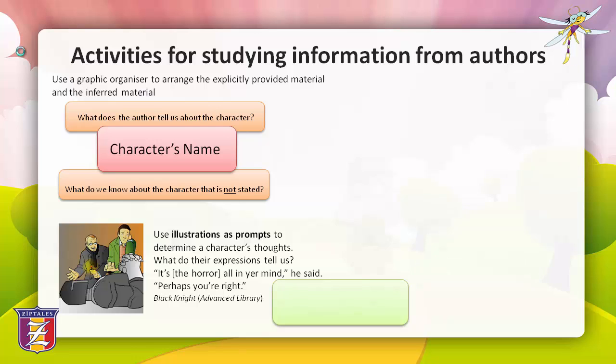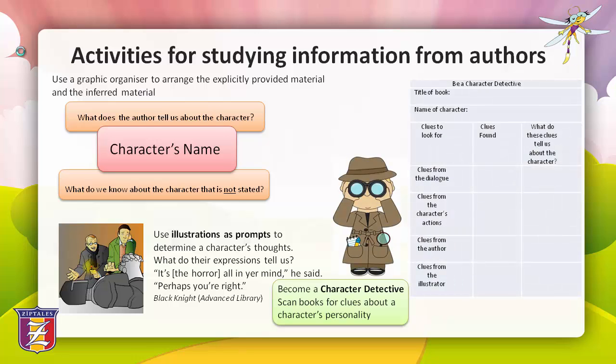Another activity for looking at how the author provides information could be to encourage students to be a character detective. They could scan familiar books or online stories for clues about a character's personality that is not actually stated by the author. So you could use a rubric such as this one, where students have to be a character detective.